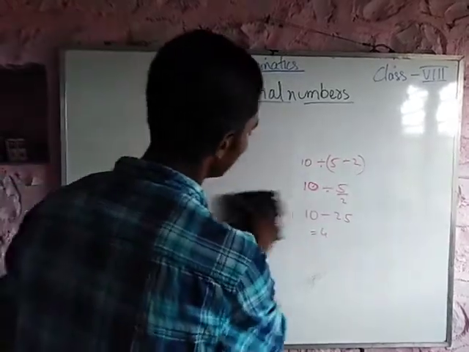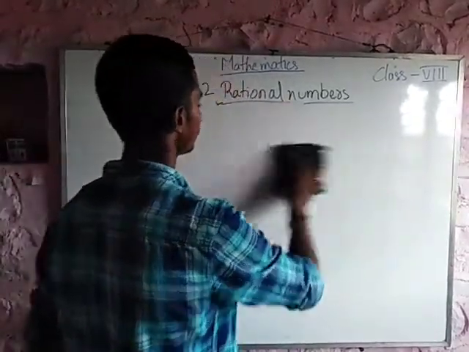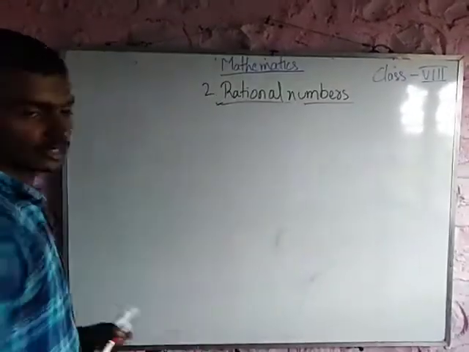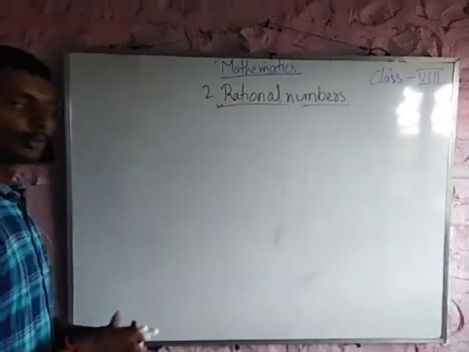If you check for integers and rational numbers, you get the same results like that for commutative property.